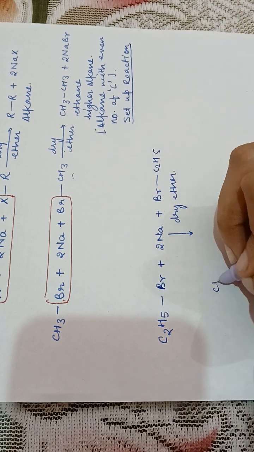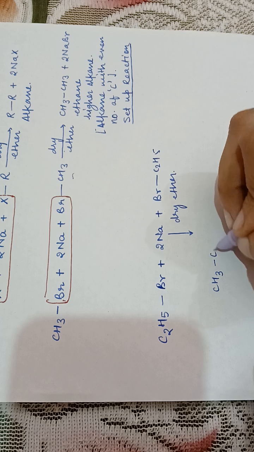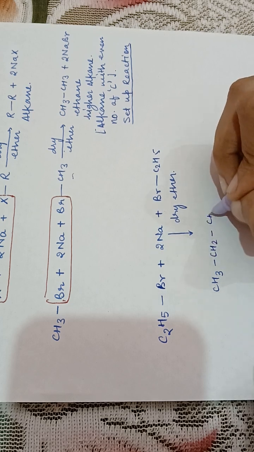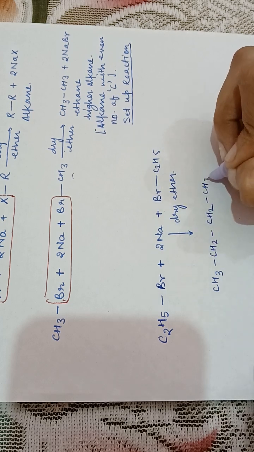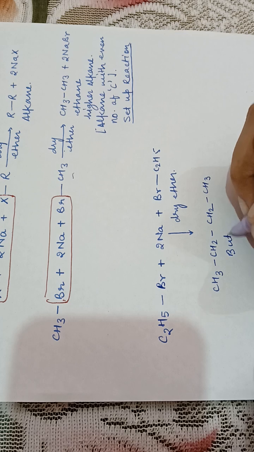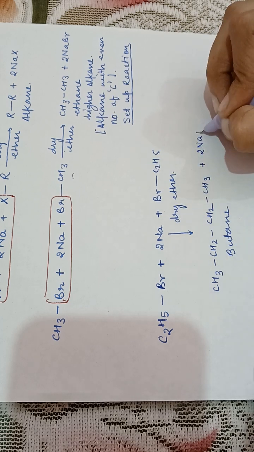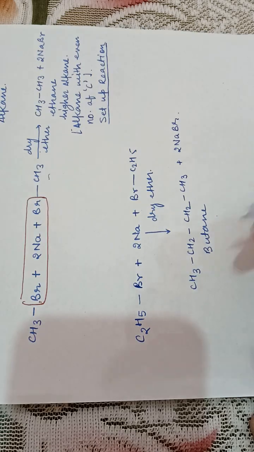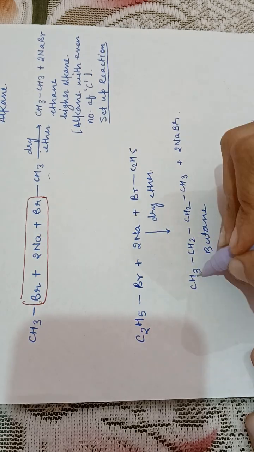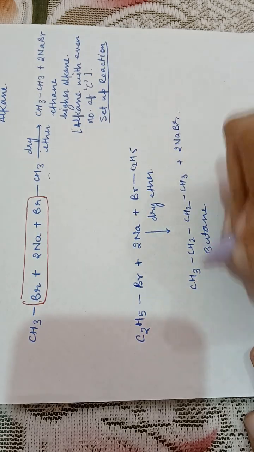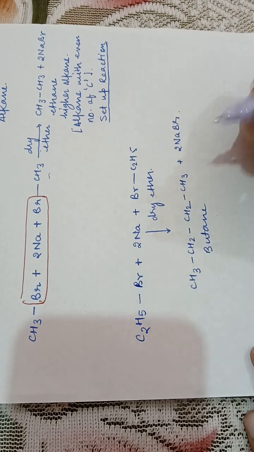So we will get CH3CH2CH2CH3, butane. You can see that it's also an even number carbon chain, 4 carbons.